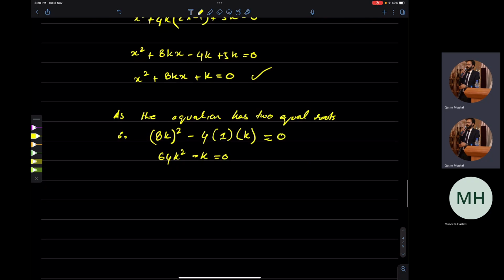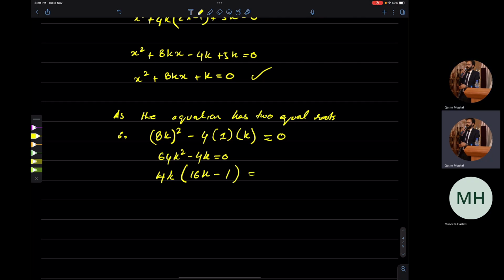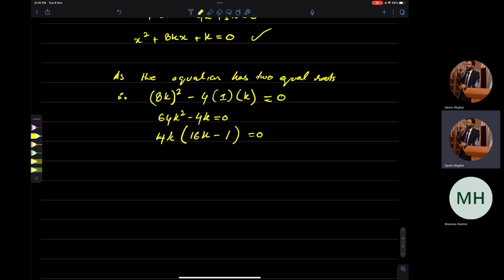So that's a quadratic with the two terms. Now, I can solve this by factorization. So k is common. Oh, no, there was 4k minus 4k. So basically 4k is common, and inside I'm going to be left with 16k minus 1 equals 0. And from here, I get two values of k, one as 0 and the other one as 1 by 16.